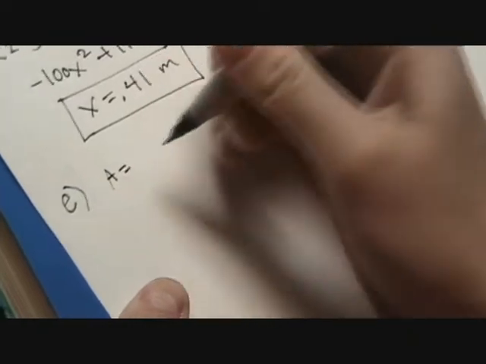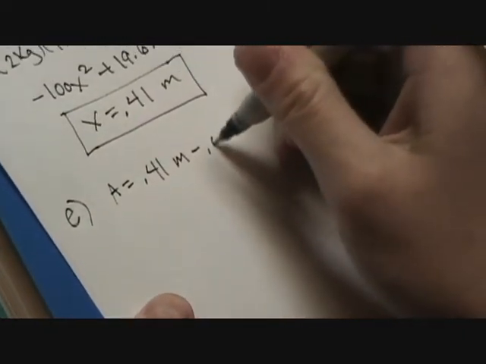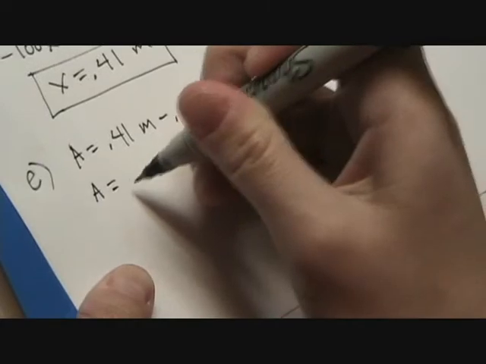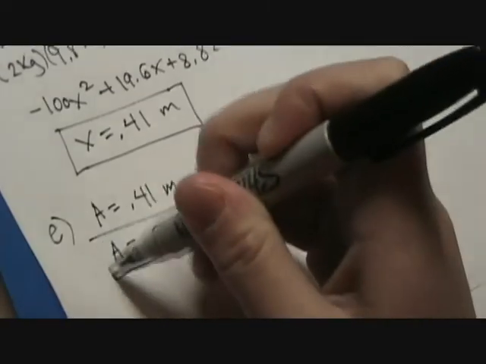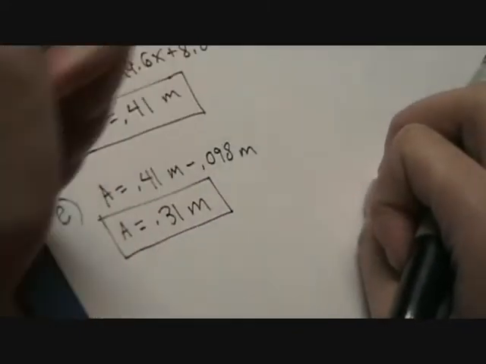And this lets you know what the amplitude is, so we can do amplitude equals 0.41 meters minus 0.098 meters. And if you subtract that, you will get A equals 0.31 meters. And that is the amplitude of the simple harmonic motion.